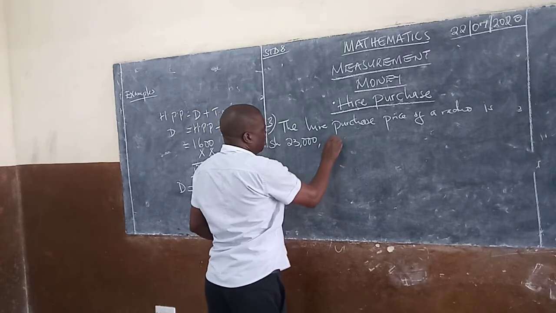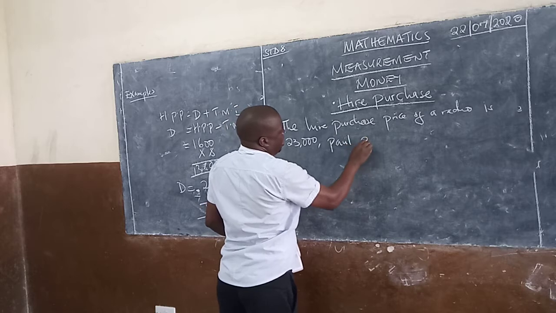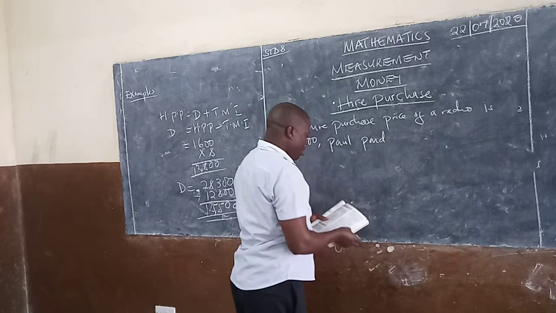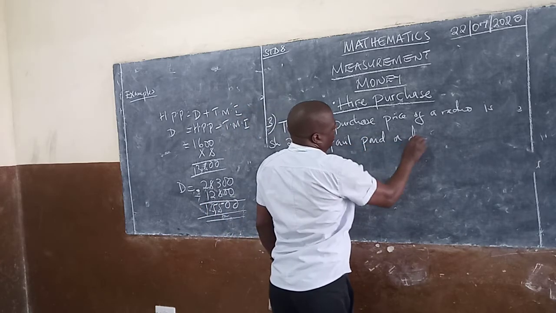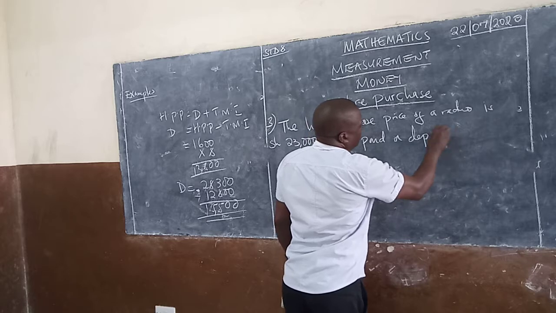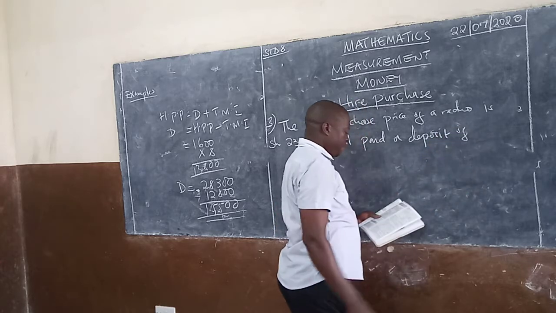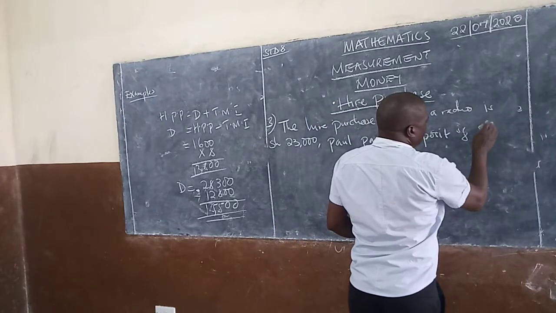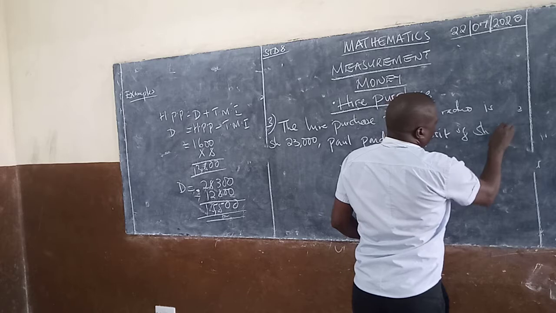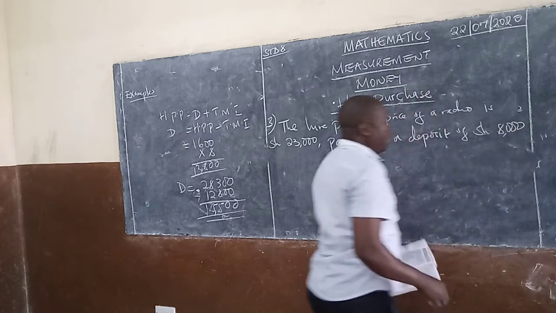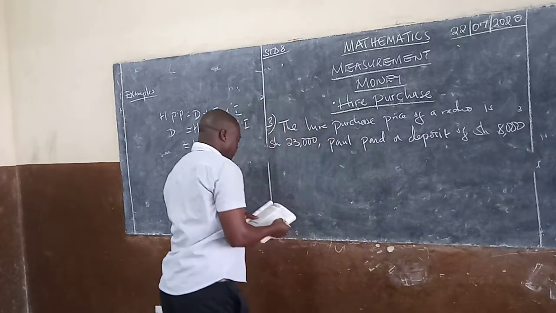Paul paid a deposit of 8,000. He paid a deposit of 8,000.